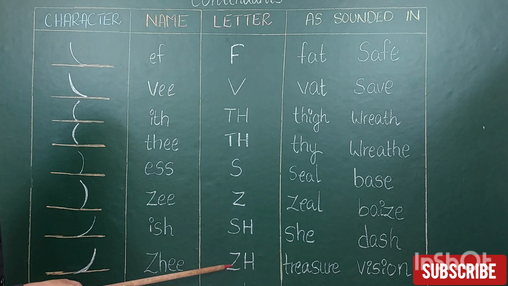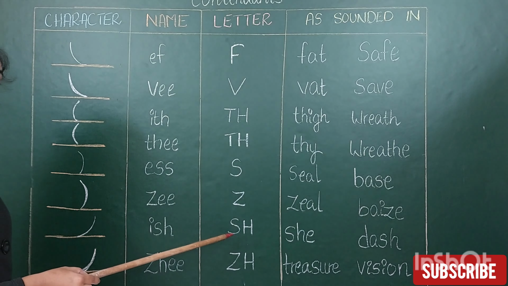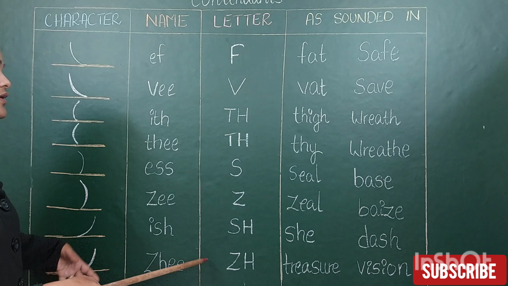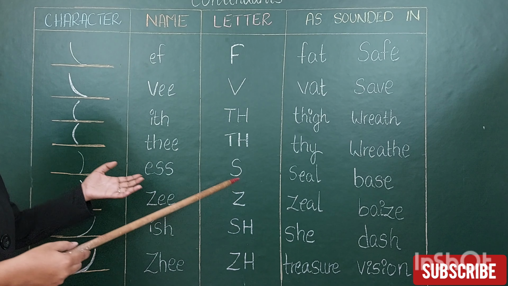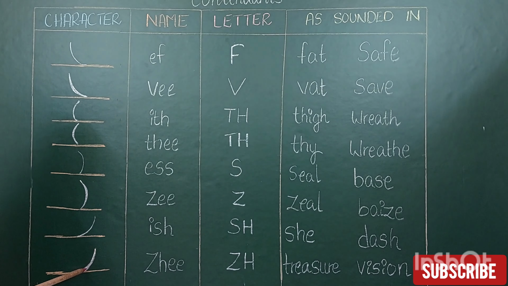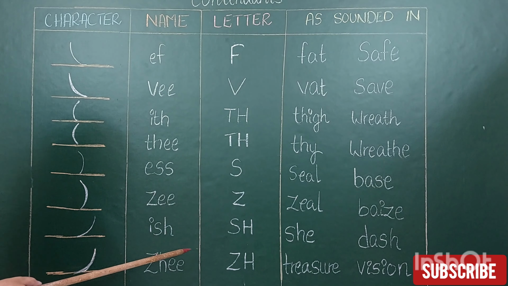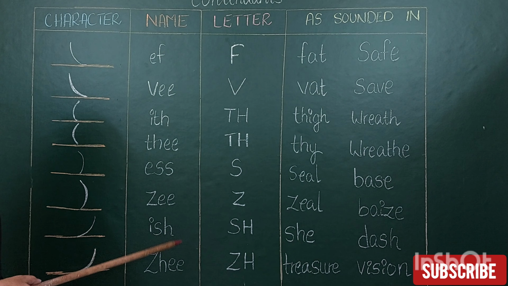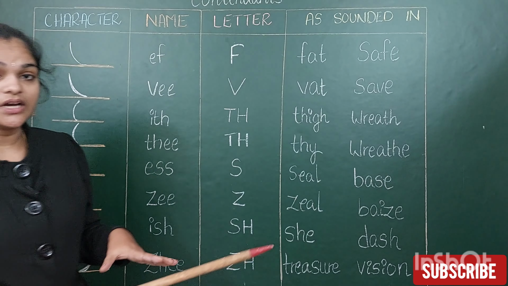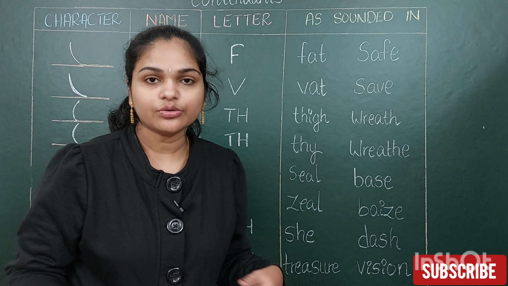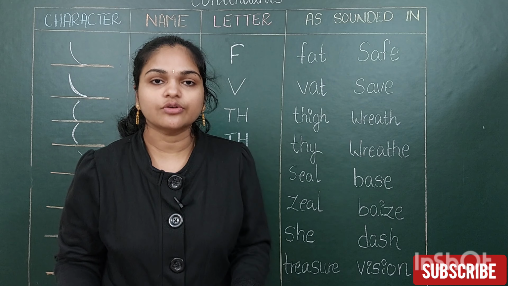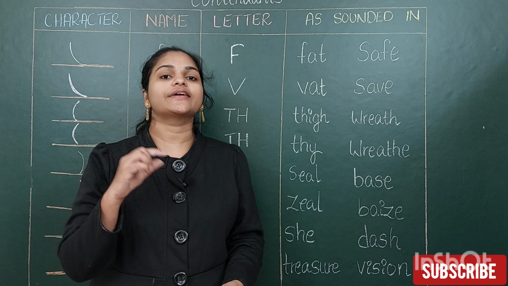ISH and G. So when you write SH or ZH, though you are not writing ZH, it sounds like a G, you write this dark curve, and the lighter curve is ish. So here, if you observe, the first 8 consonants, when represented in straight strokes, are called explodents.